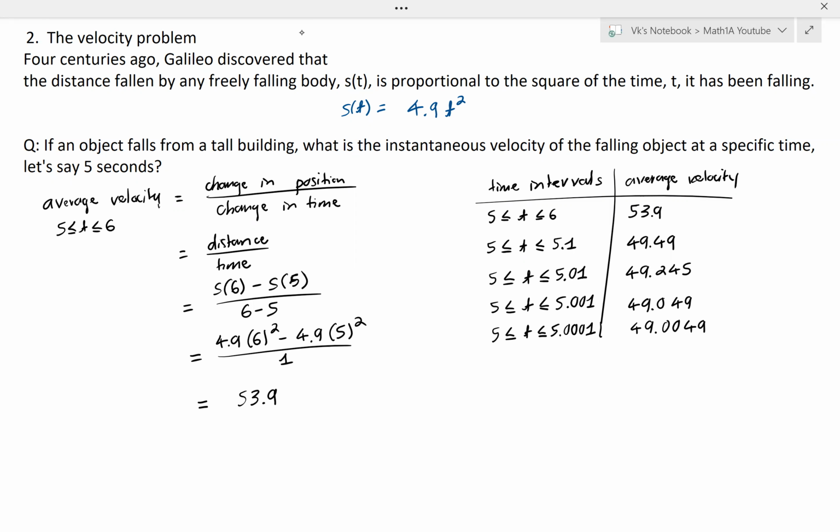It looks like the average velocity on a shorter time interval is approaching 49. So we can see that the instantaneous velocity is the limiting value of the average velocity, which is 49.